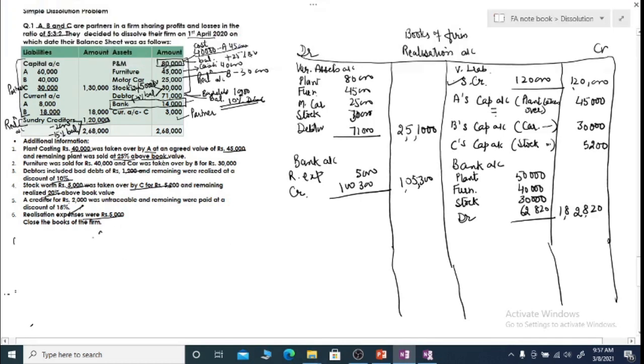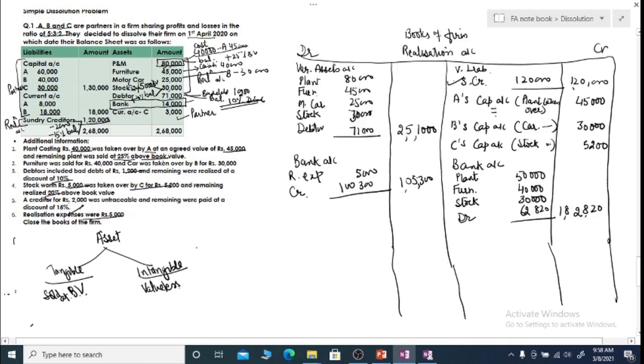But regarding the assets, if nothing is given, suppose regarding motor car or regarding patents, then please remember we classify assets into tangible and intangibles. So our rule of thumb is that tangible assets are assumed to be sold at book value and intangibles are assumed to be valueless. So if you have patents, copyright, etc., you will assume in the absence of any information that these did not fetch you anything, that is, you didn't get any amount here.